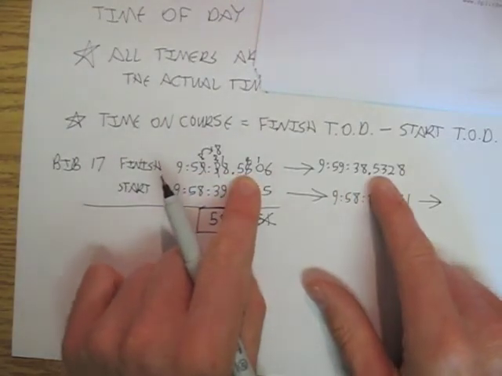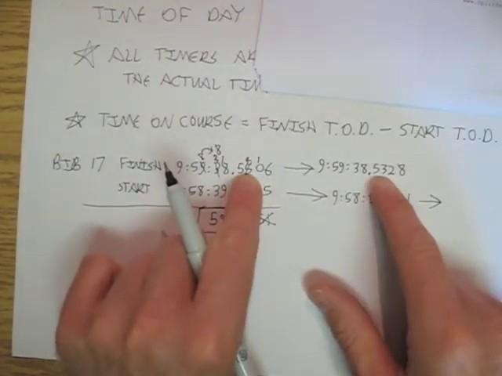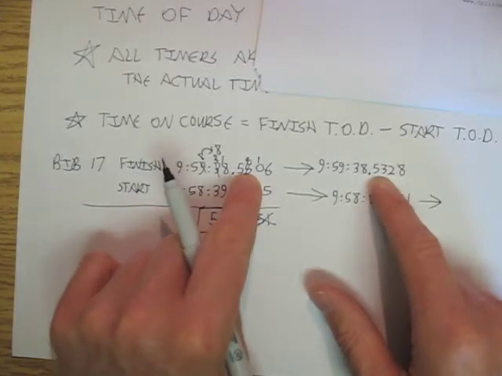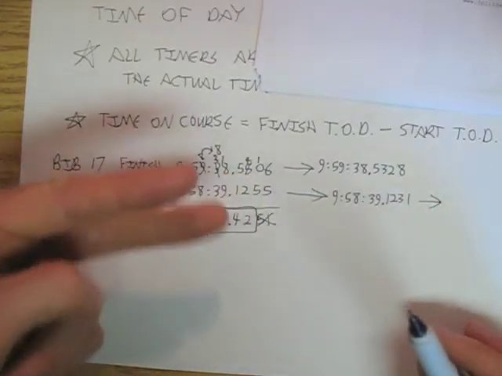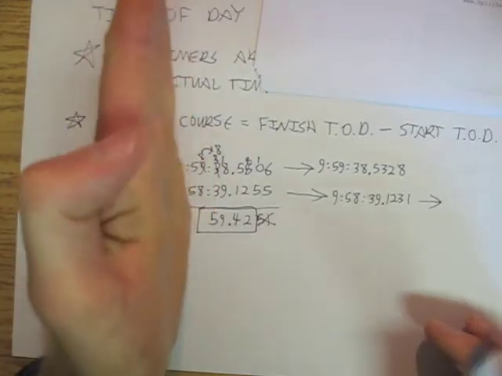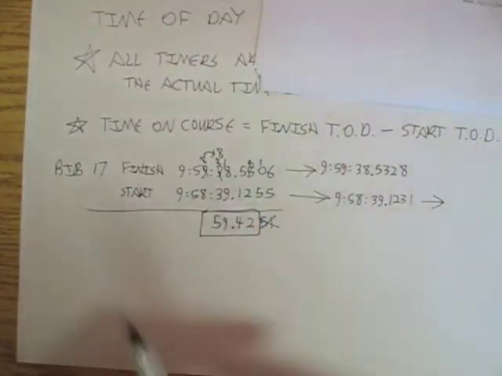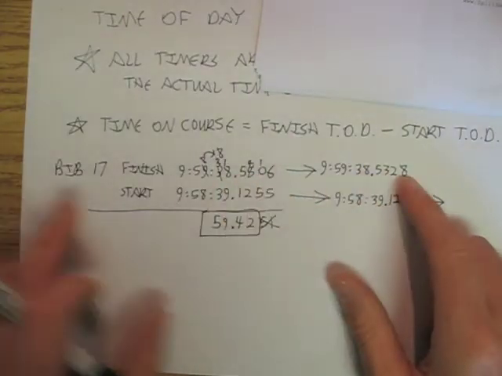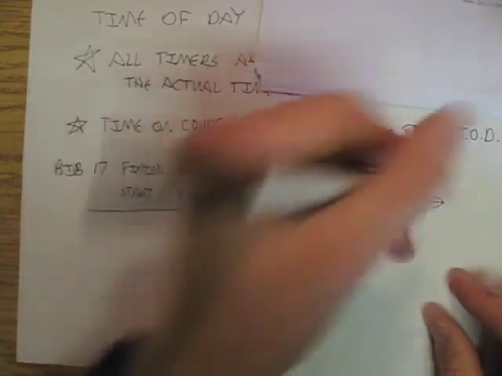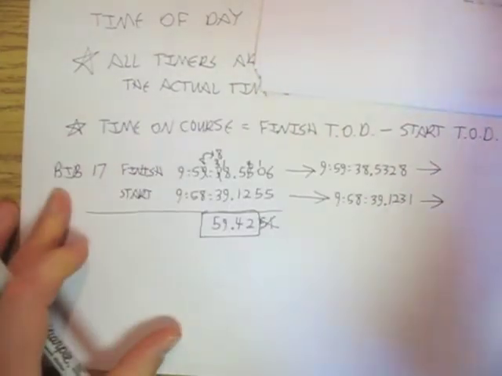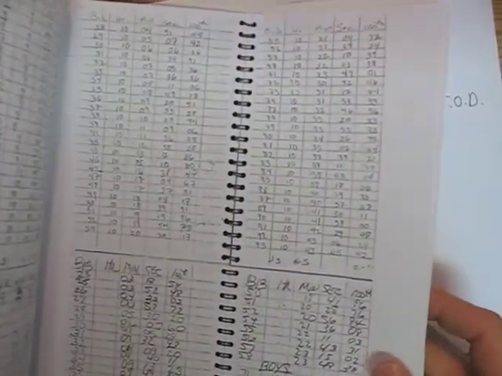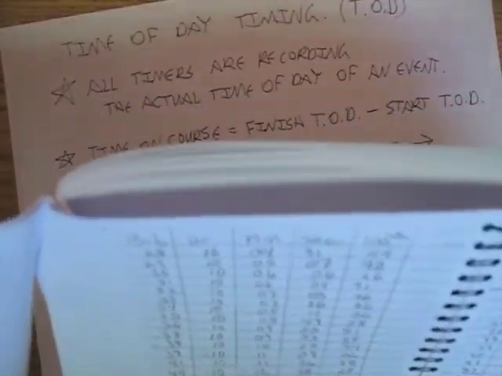There's going to be more difference in the finish because the finish doesn't have two switches in the same box. It's two eyes stacked on top of each other. So there's going to be more variation in your finish times than your start times. But then I have three systems, so I can find the hand time for bib 17.